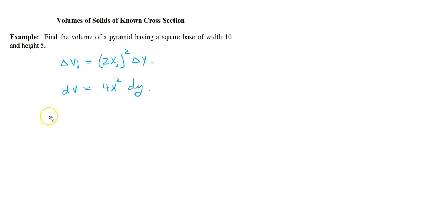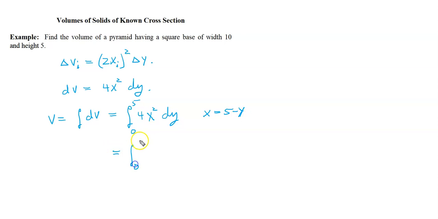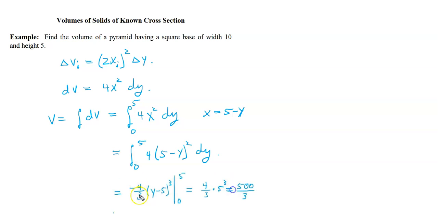And now we can just say that the volume is the integral of the dV terms, which is the integral of this. But now you have to realize, oops, that should be an x. You have to realize that in the original picture, the y went from 0 to 5, and x is equal to 5 minus y. And so then you just get, which was exactly what we had before, like that.